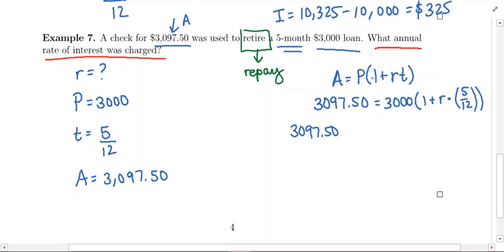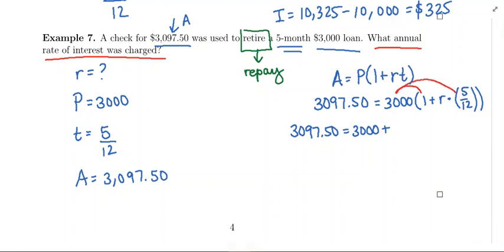I'm going to do 3,000 times 1, which gives me 3,000, plus, and then I'm going to distribute the 3,000 to this piece.